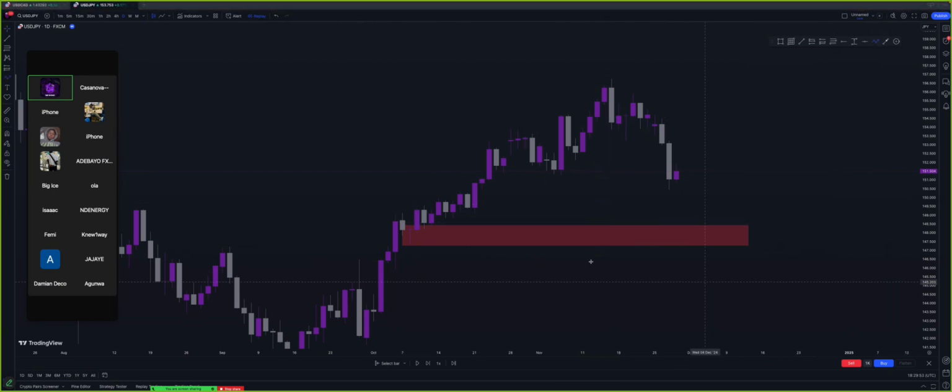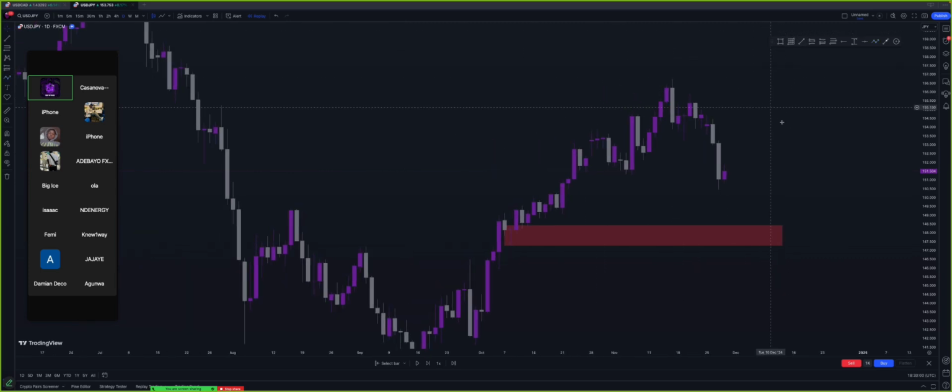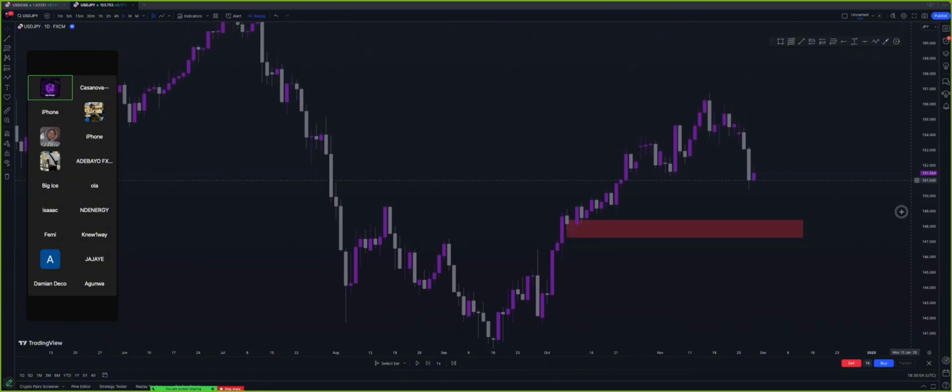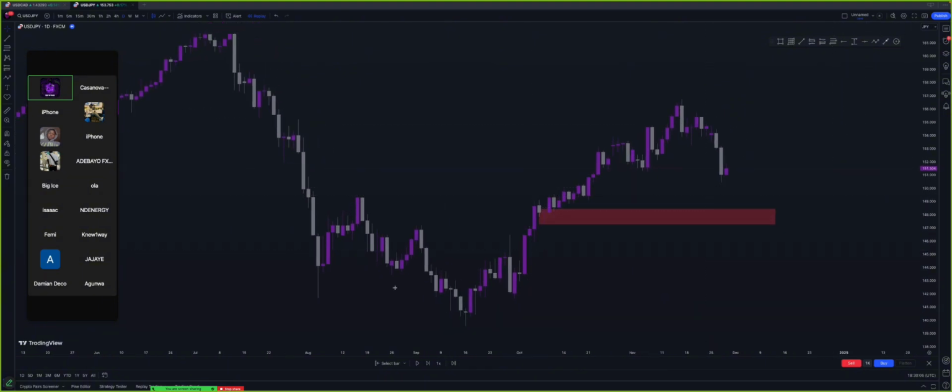Now we have a daily. We can see that the market is in an uptrend, because the first thing you do is try to identify the direction that the market is trading in. The market pushed up, pushed down.